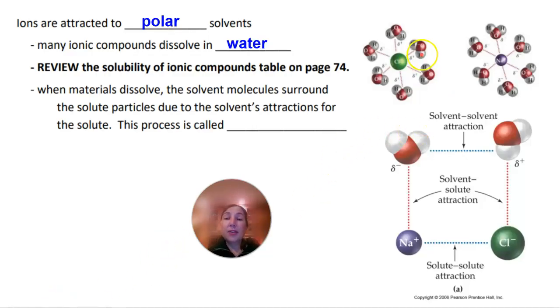For example, here is a picture of Cl minus being surrounded by the delta positive ends of water. The positive H's of water are going to be attracted to the negative chlorine.